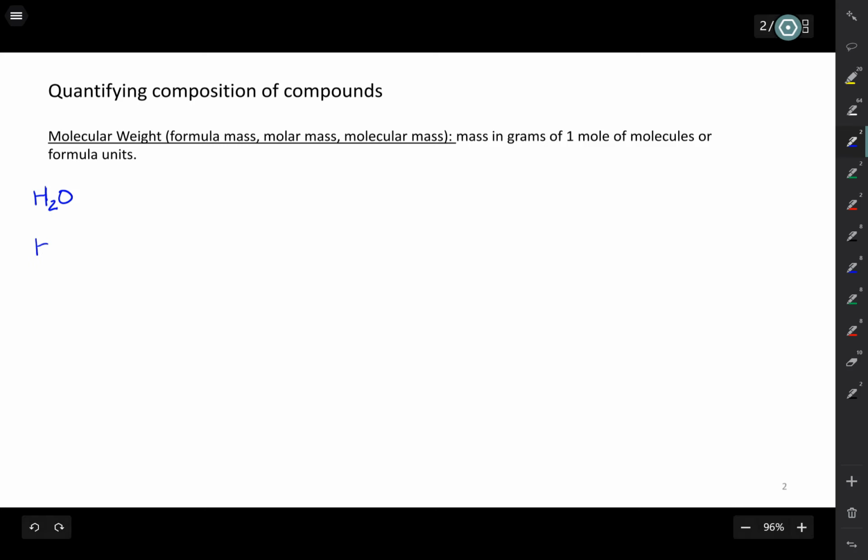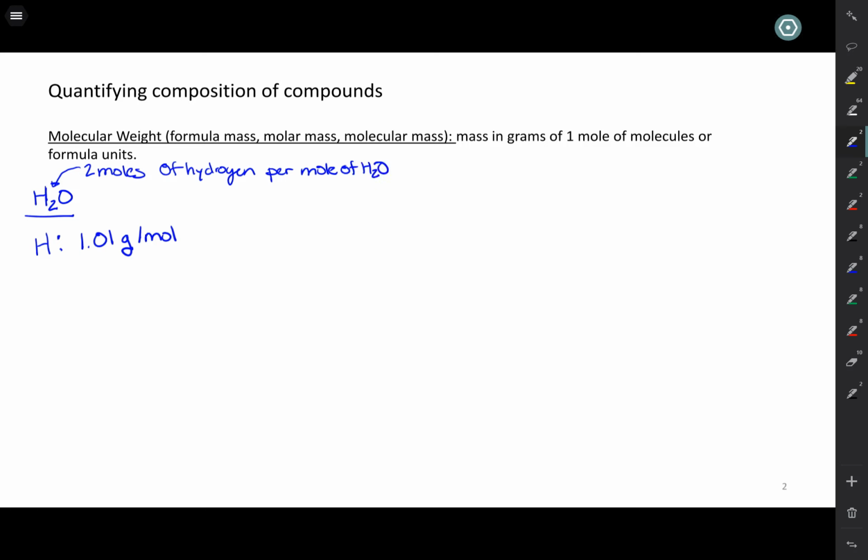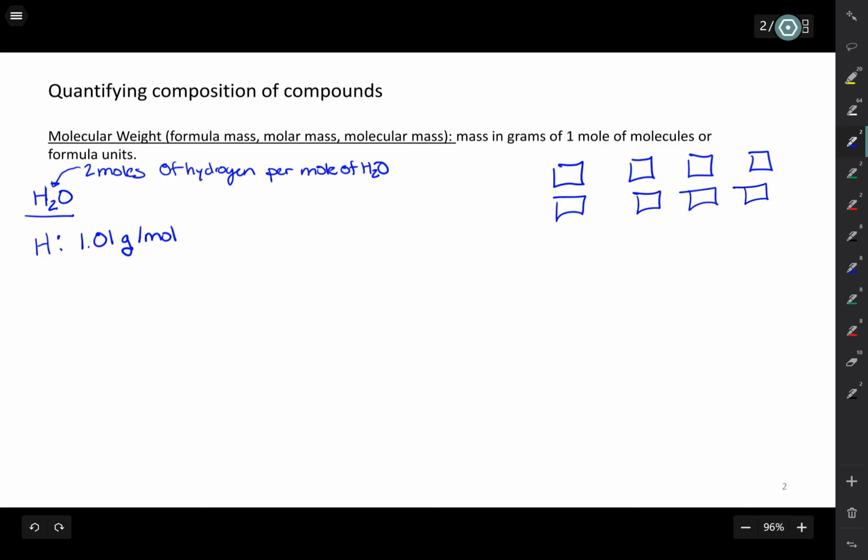We'll say, okay, well, we have hydrogen, that's 1.01 grams per mole, and in H2O, this 2 designates that we have 2 moles of hydrogen per mole of H2O. This can be confusing to some students, but you can think about this in terms of boxes of donuts. Maybe I have 12 boxes of donuts.